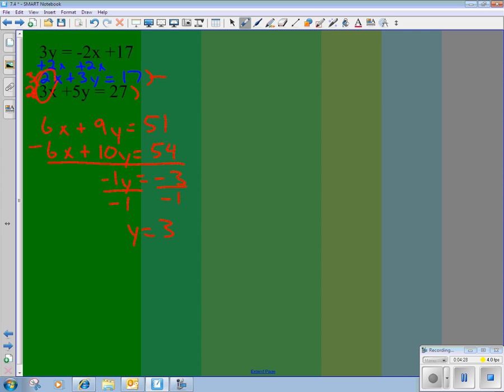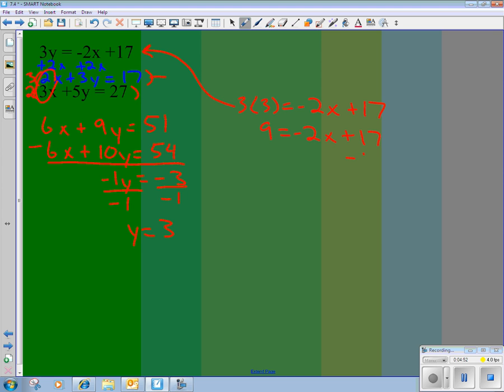Now all we're going to do is plug that back in. We're going to plug into the top, so 3 times 3. That's this equation right here. 3 times the 3 is negative 2x plus 17. So that would mean that 9 equals negative 2x plus 17.